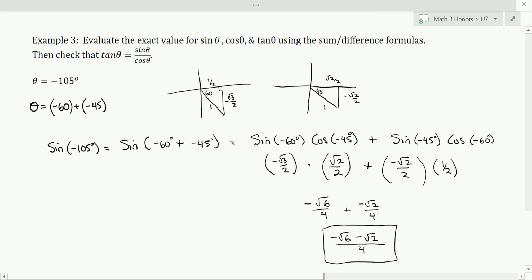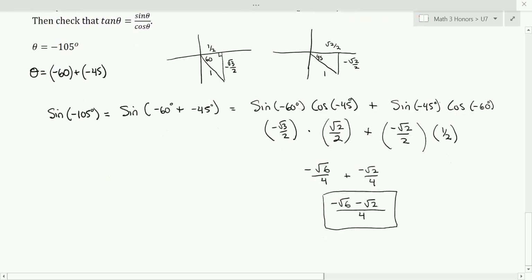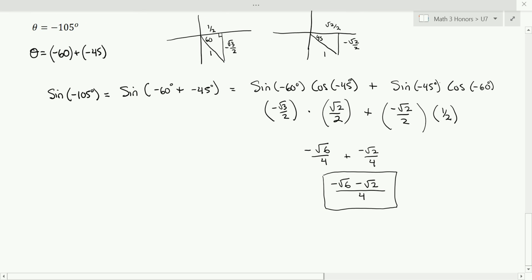Okay. So try this with the cosine, because we're not done. We got to find the sine, the cosine, and the tangent. So now I want you to find the cosine of negative 105 using the formula. Use the same angles. Yes. So go ahead and find the cosine of negative 105. Similar way as we did with sine.